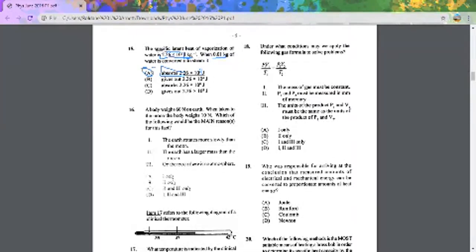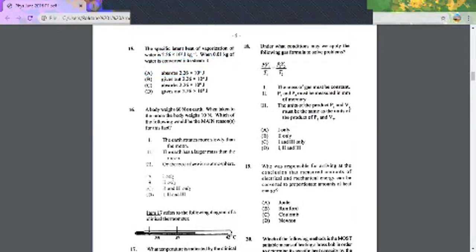Moving on, we're at 60 now. A body weighs 60 newtons on Earth. When taken to the moon, the body weighs 10 newtons. Which of the following would be the main reason for this fact? Let's look at it. The Earth rotates around the moon. No. The Earth has a larger mass than the moon.